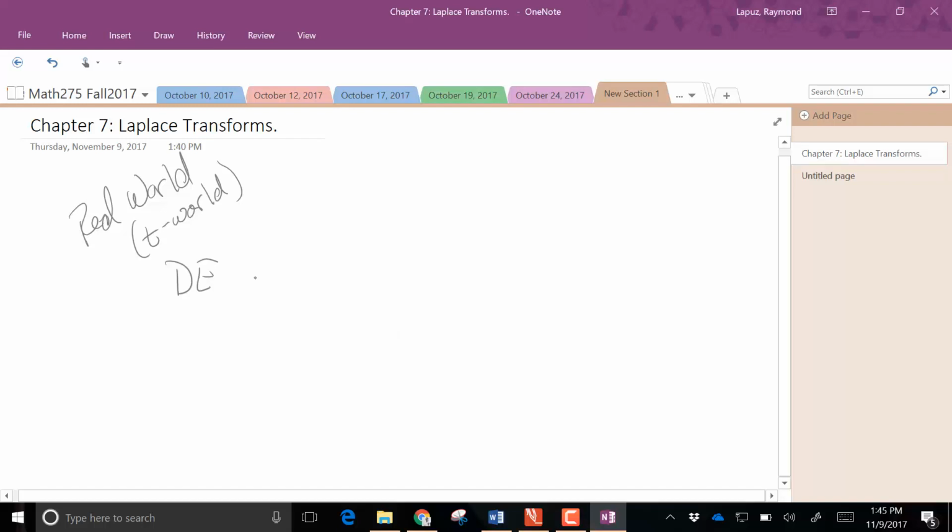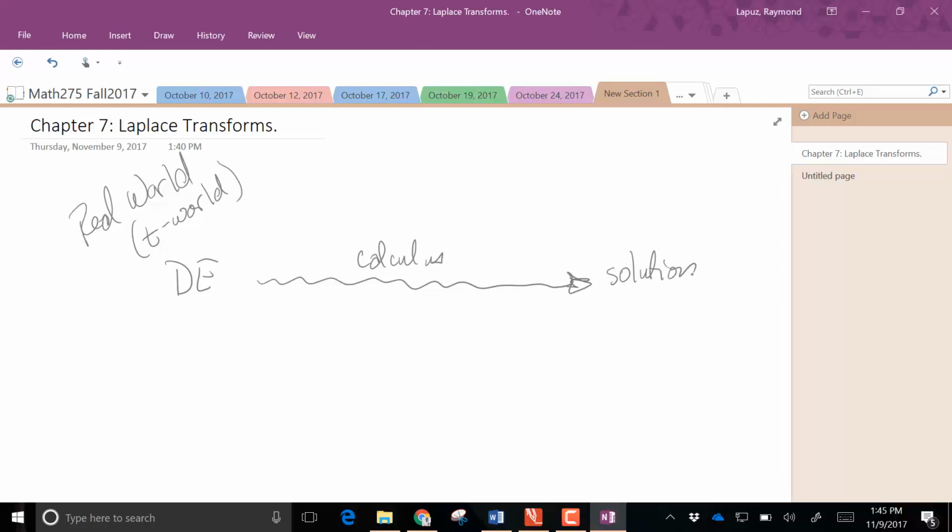And in the real world, what we've been doing all semester, is using calculus, derivatives and integrals and series and stuff like that, to get our solution. So we have our differential equation, and then our solution is y of t.